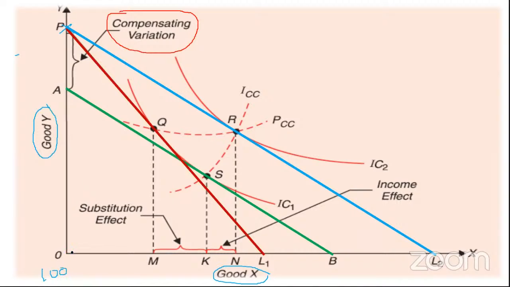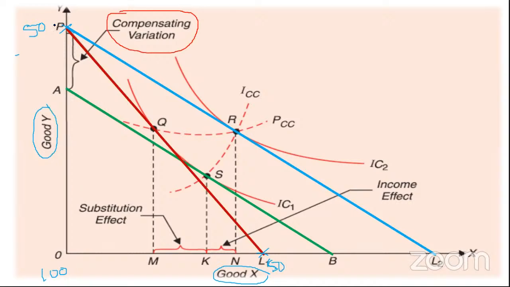At that time I'm purchasing 50 units of good Y. The entire 100 rupees is spent on purchasing 50 units of good Y. With the same 100 rupees, I could purchase 100 units of good X. That is my other point. This is the 50 units.